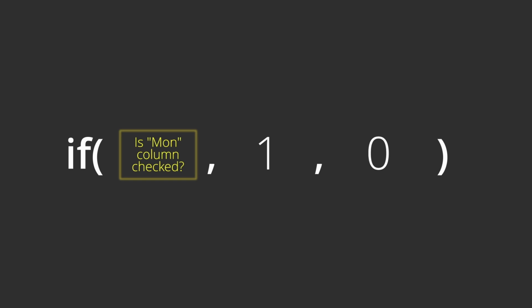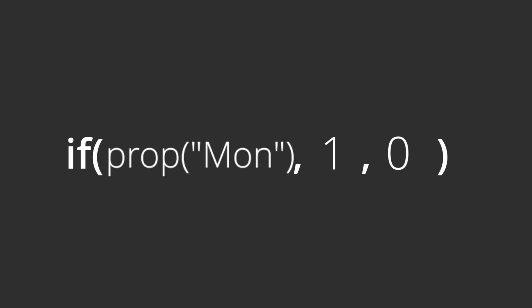Now let's ask our question in the proper way, so that Notion could understand it. It's pretty easy for checkbox properties. We only need to mention the property with the prop function. Under the hood, Notion understands checked state of property as yes and unchecked as no, which is pretty logical. Okay, now we know how to transform a checkbox day column to either 1 or 0.